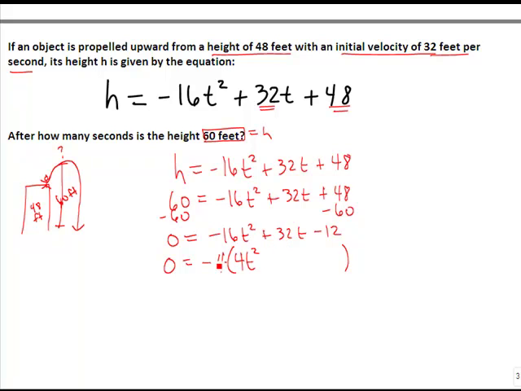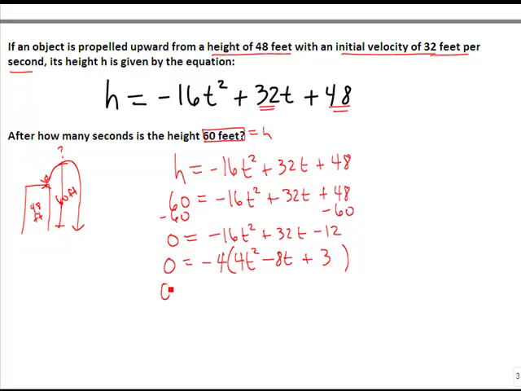Then negative 4 goes into positive 32t, negative 8t times. And negative 4 goes into negative 12, positive 3 times. So what we're left with is still a trinomial, but the numbers are slightly smaller, so hopefully it's going to be a little bit easier to factor.